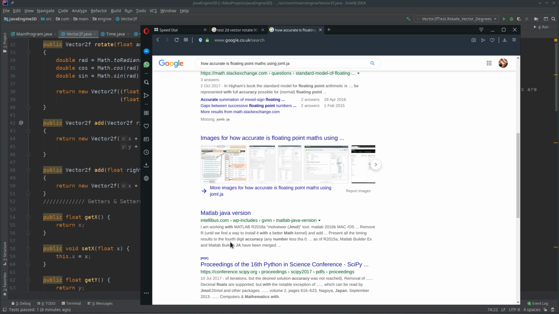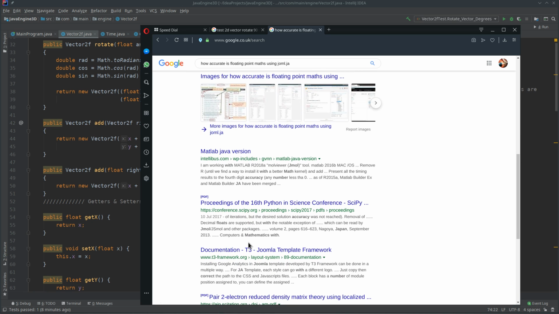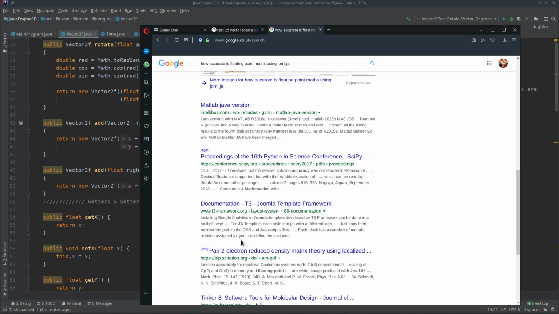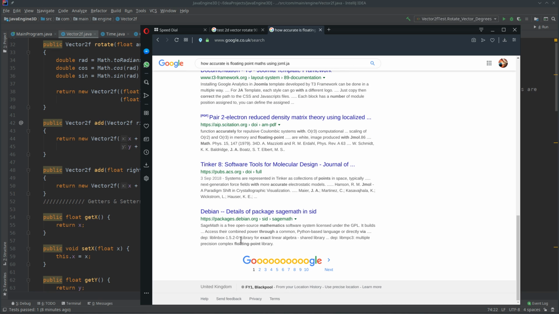All timing results to the 4th digit accuracy. So they know. Removal of decimal floats are supported, right? But with the notable exception and other packages. Okay, JOML's noted in there. All right. So it doesn't really seem to tell us.